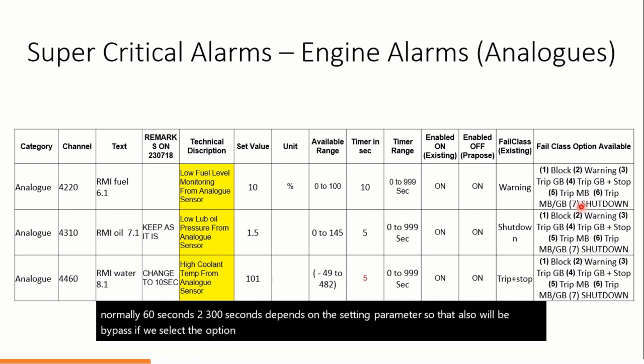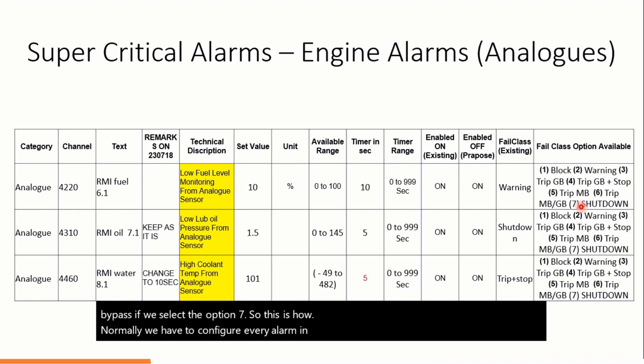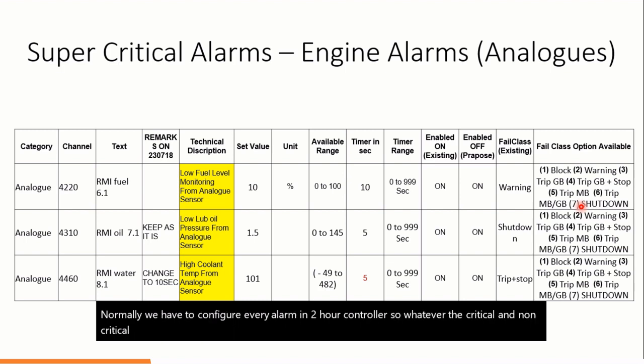So this is how normally we have to configure every alarm in our controller. Whatever the critical and non-critical, major, minor, every alarm has to be configured as per the customer's requirement. So it's a lengthy procedure. That is why normally we prepare an entire Excel sheet of every alarm.